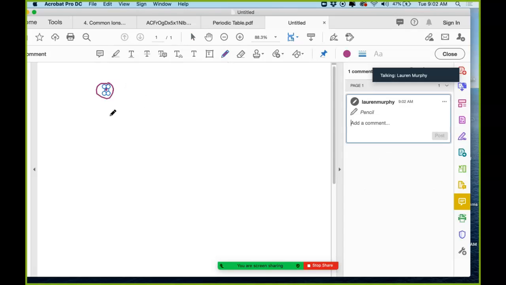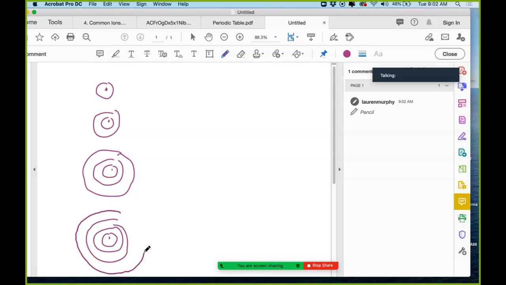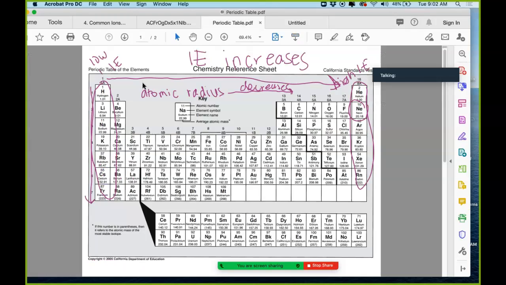So here's hydrogen, lithium, sodium. Oh, sorry, I'm going to run out of room. Okay, and so forth. So hydrogen, lithium, sodium, potassium, that's all I did.